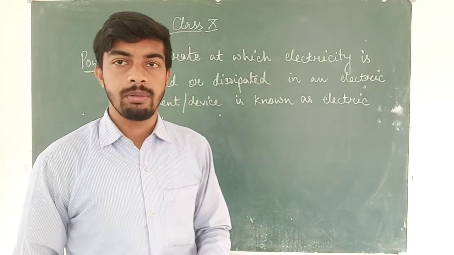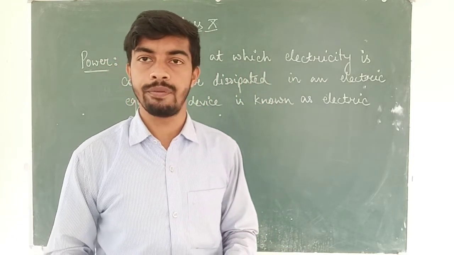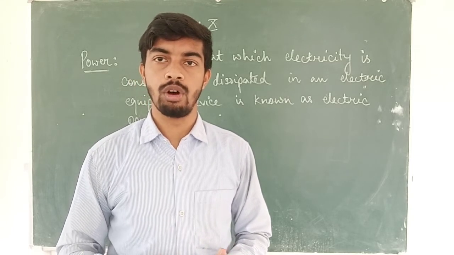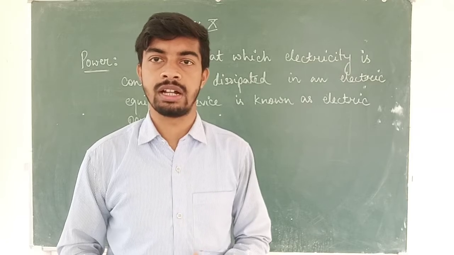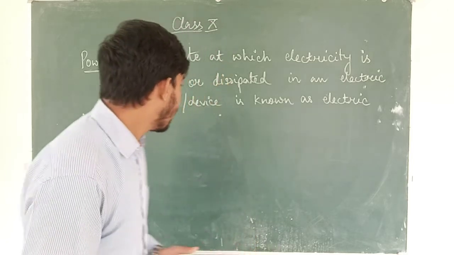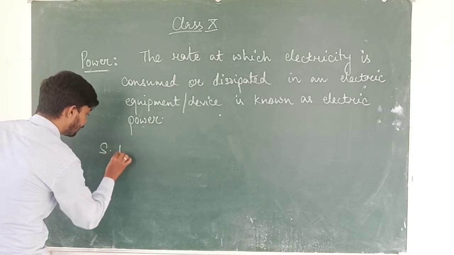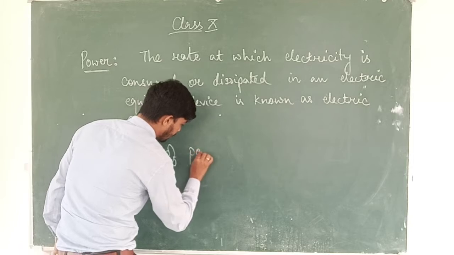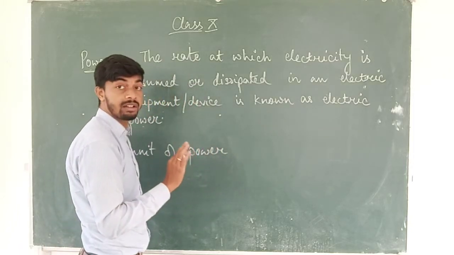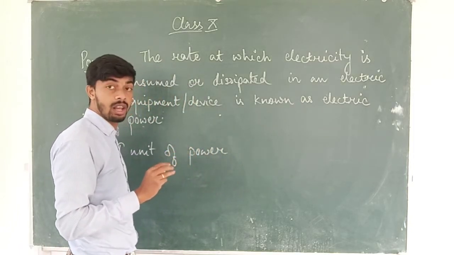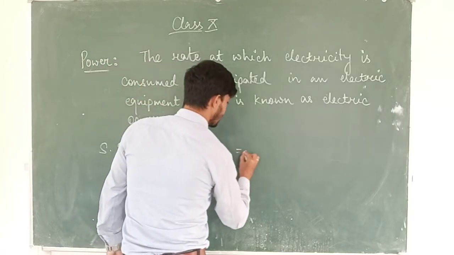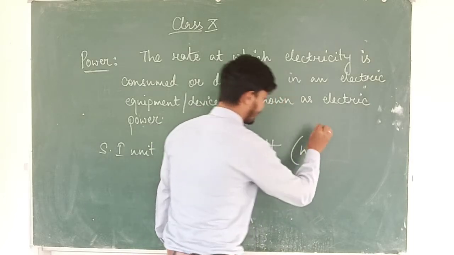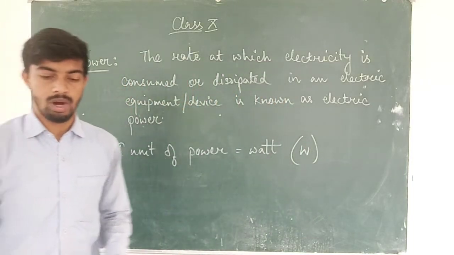Now we know the meaning of consume means using of electric charge or electric energy, and dissipated means giving away or providing of electric charge or electric energy. So the SI unit of power, means we are talking about electric power, not all the power that we have learned till now, SI unit of power is watt, or we can write as capital W, watt.